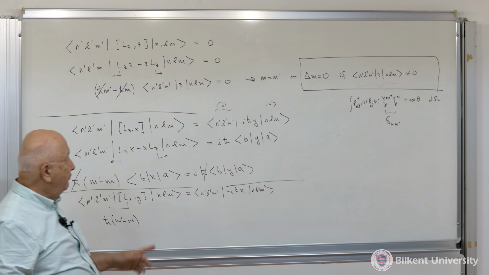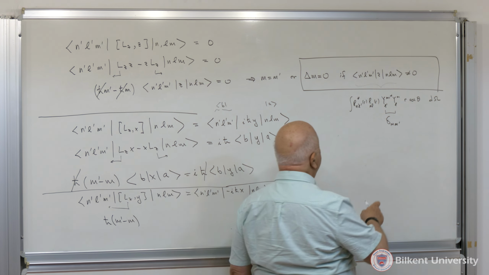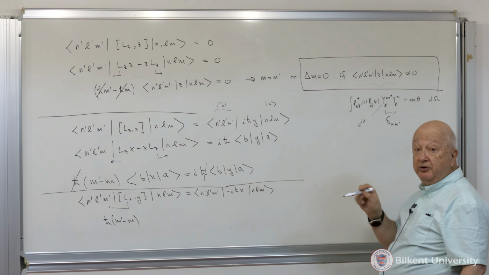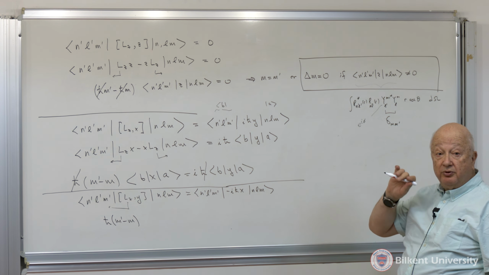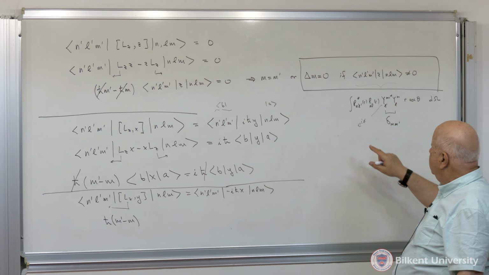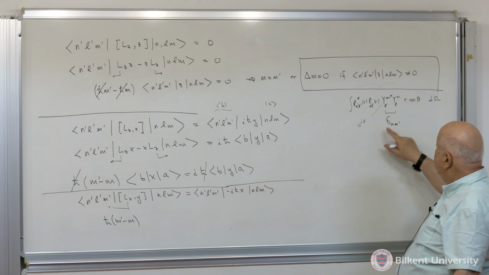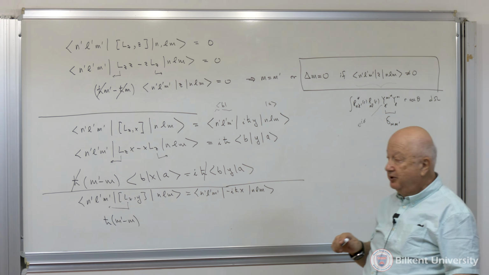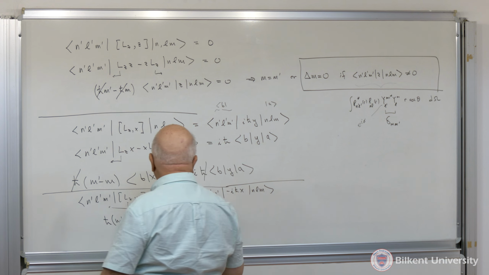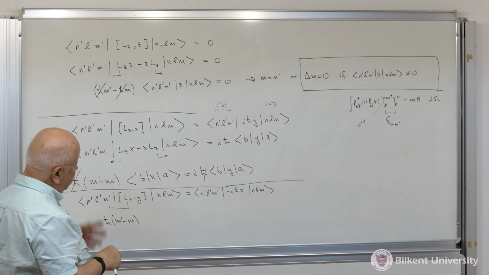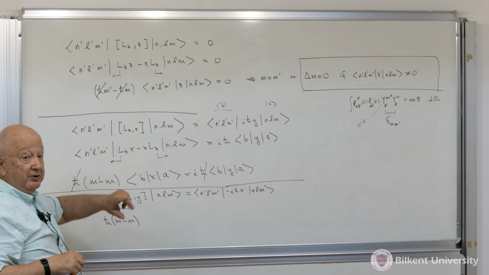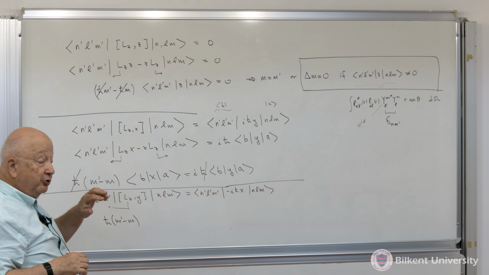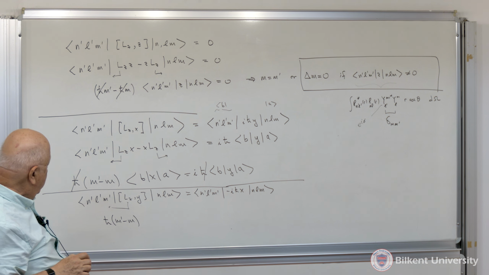In fact, these things contain things like e to the i phi, which make them complex. When you have things like cosine phi and such things, in general, it can bring in imaginary factors. But since it's a Hermitian operator, obviously <A|..|B> is going to be the complex conjugate of <B|..|A>.